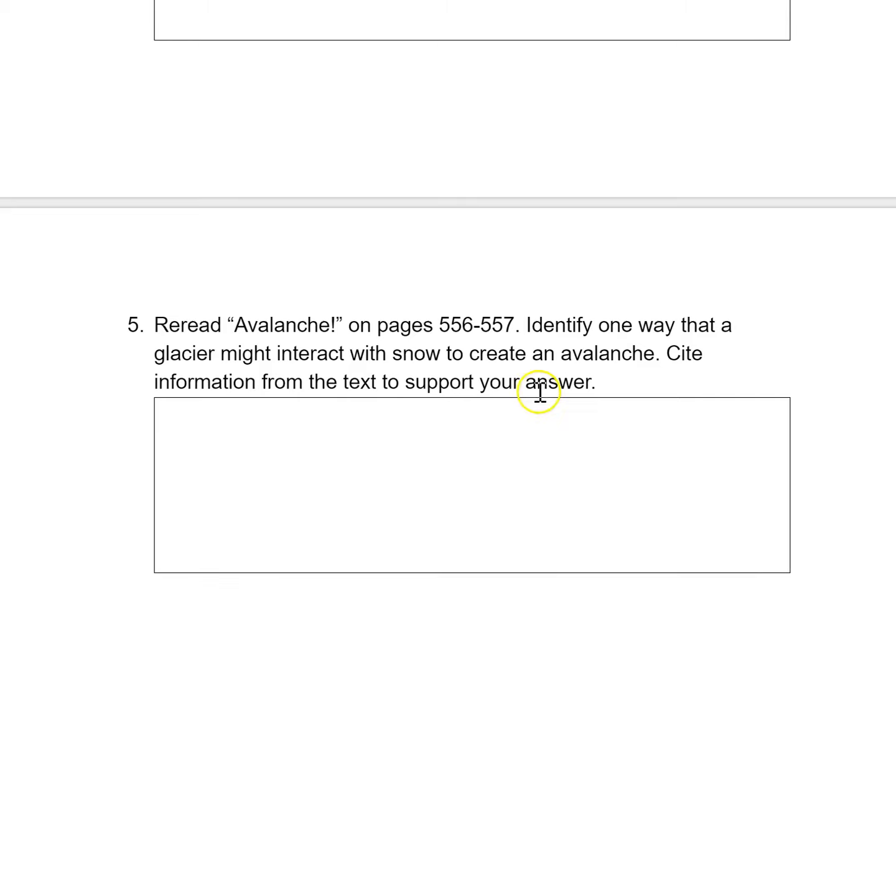And then what happens? How does that glacier breaking off interact, or how does the snow potentially cause that glacier to break off and cause an avalanche? So again, it starts off right on page 556 in the first paragraph. That's where you're going to find the information you need to answer this question.